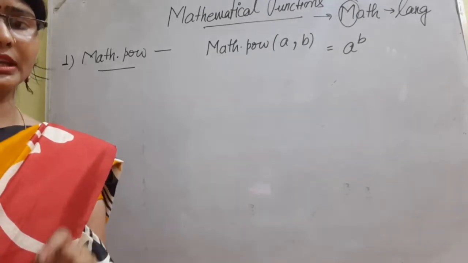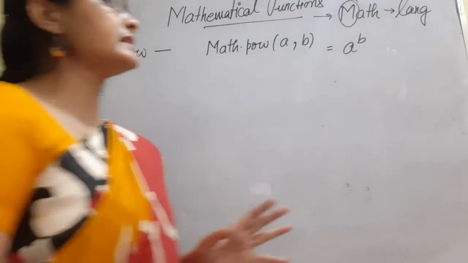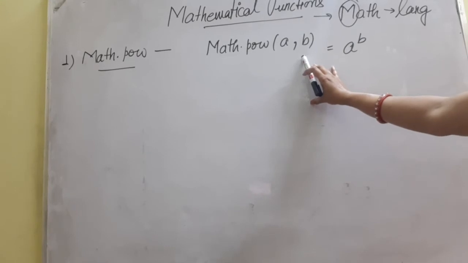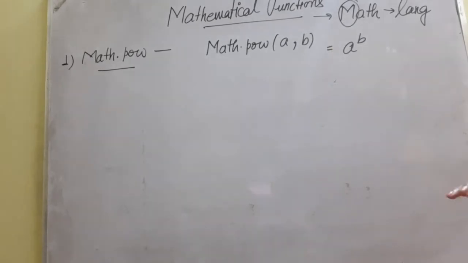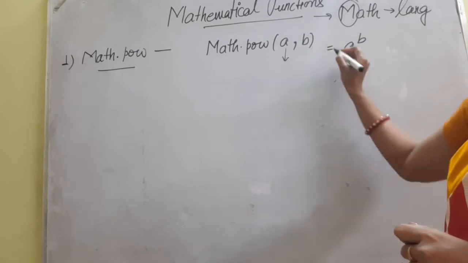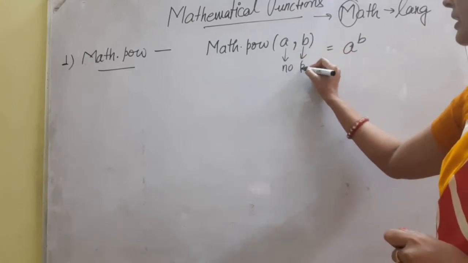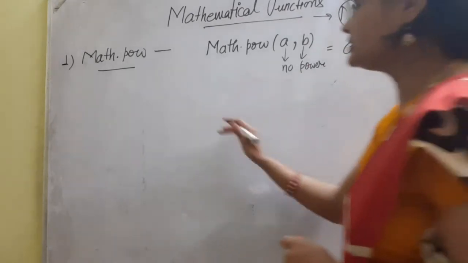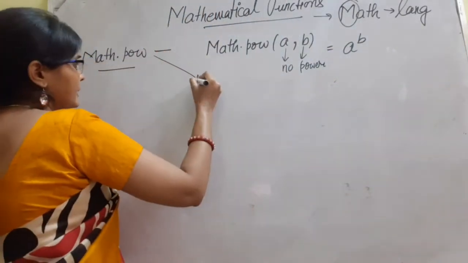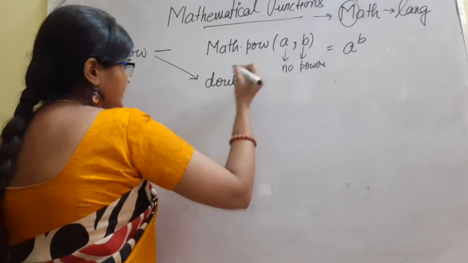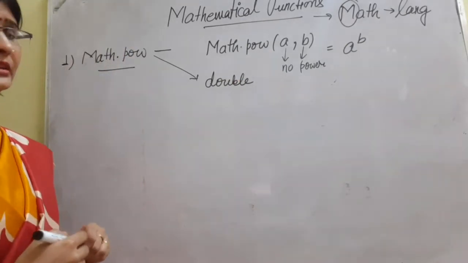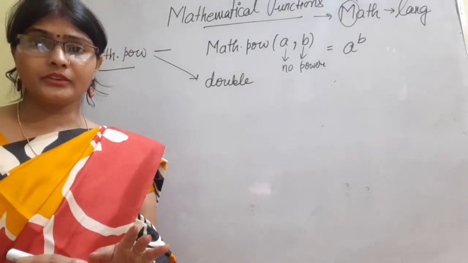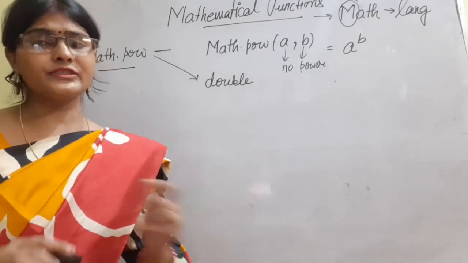It is always written in the form a comma b. In that, a is the number and b is the power. And the return type is always double here. Students, most of the functions have return type double. Okay? So you have to learn which are not double, and the rest are all double.